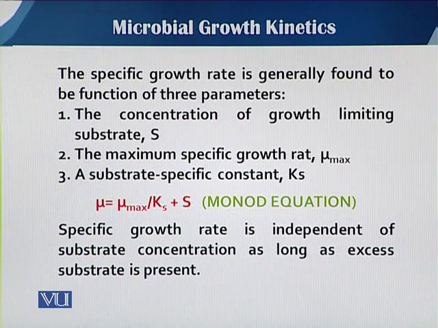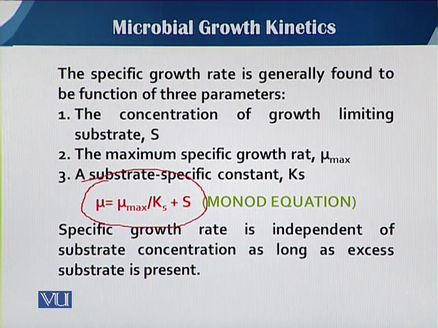The specific growth rate is generally found to be a function of three parameters. Number one, the concentration of the growth limiting substrate; when that becomes limiting, the growth will be retarded. Then the maximum growth rate, which is called mu max. And third, the substrate specific constant, which we call Ks.